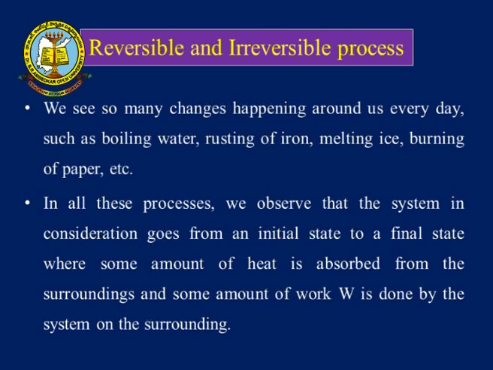In all these processes, the system under consideration goes from an initial state to a final state, where some amount of heat is absorbed from the surroundings and some amount of work is done by the system on the surroundings.